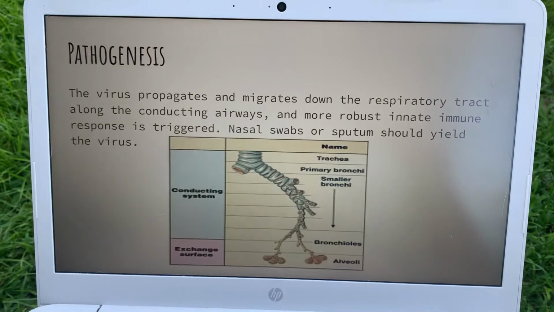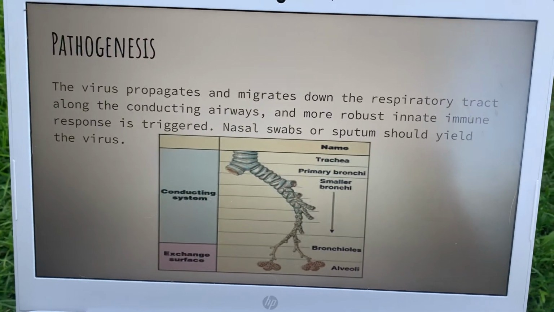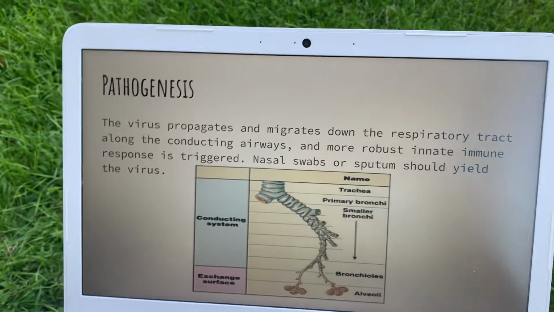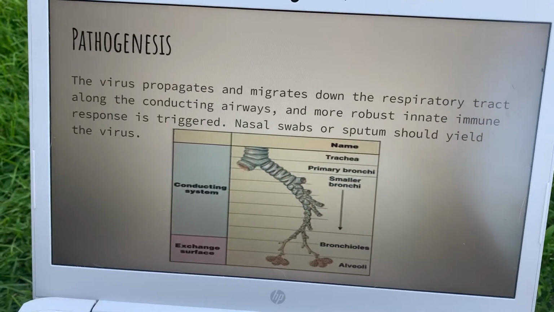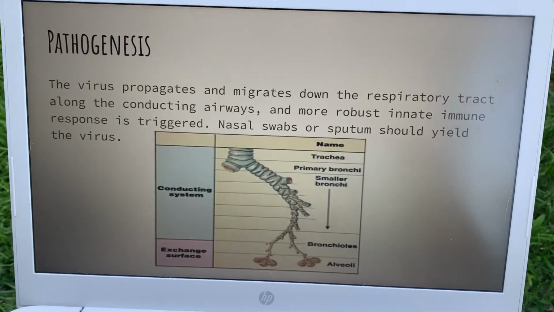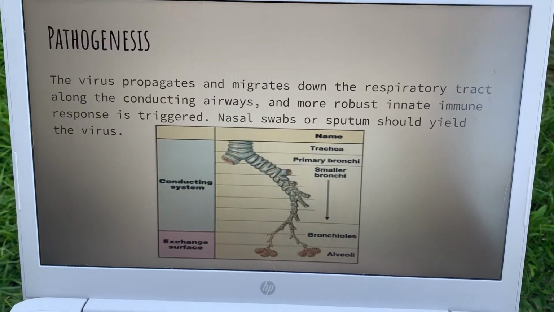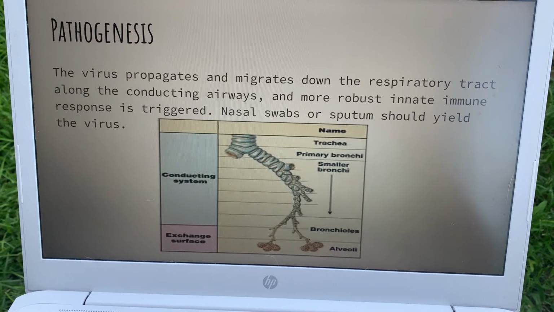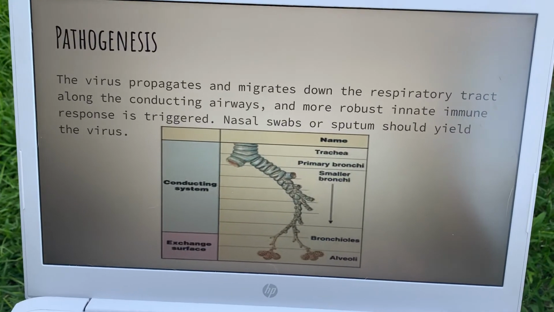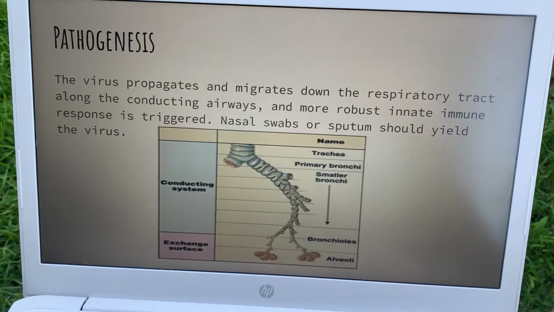Pathogenesis. So the pathogenesis is basically how the virus affects the body and where it starts. The virus propagates and migrates down the respiratory tract along the conducting airways, and a more robust immune response is triggered.